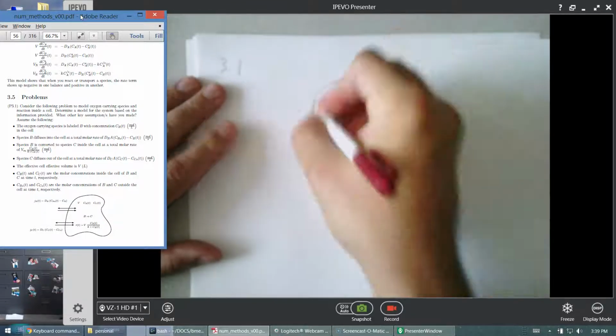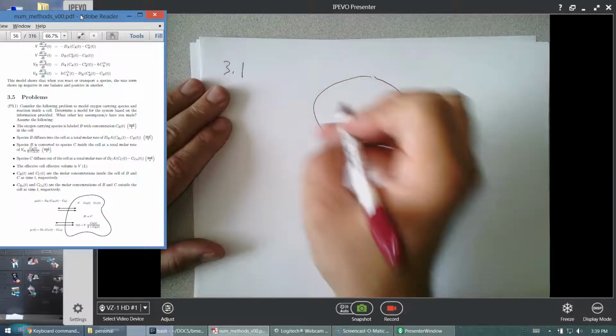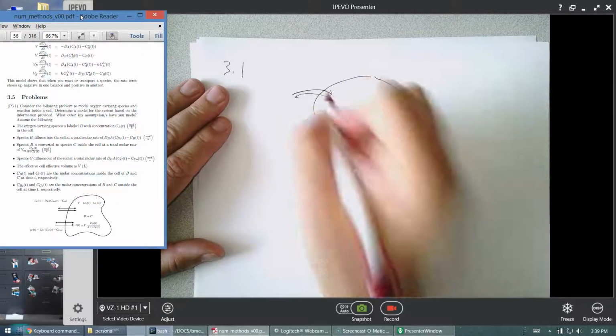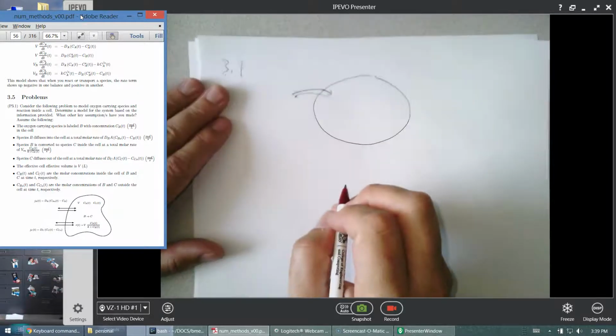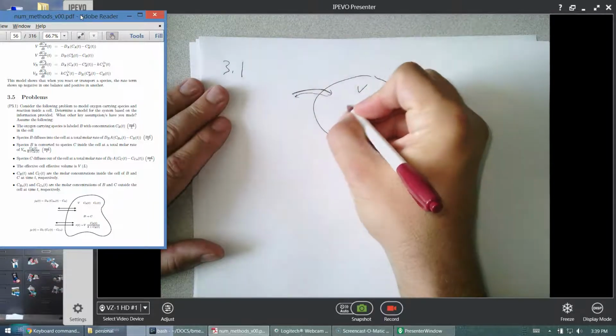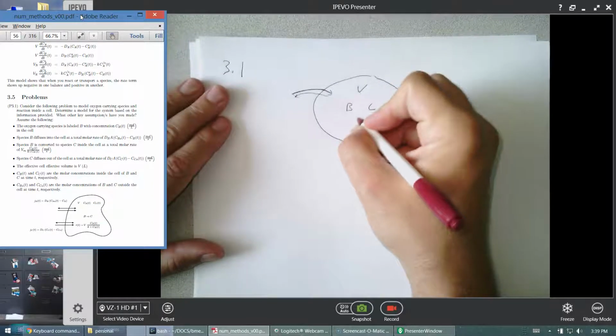3.1. So we have the cell. We have stuff going in. It's diffusing, so it could go out. We'll draw it going in this way. V inside the cell. We have two species, B and C inside the cell. We have a reaction.